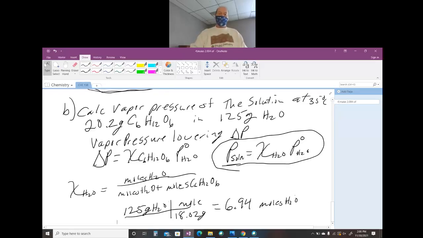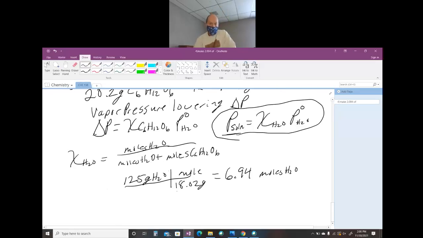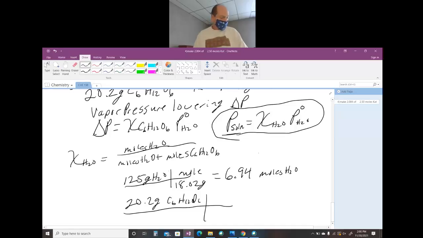In order to find my moles of glucose, I take my 20.2 grams of C6H12O6, and I look to the periodic table, get the mass of 6 carbons plus 12 hydrogens plus 6 oxygens, and that molar mass is 180 grams per mole. When I get my moles of sugar, it's 0.112.